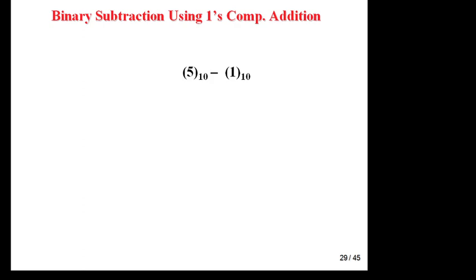First determine 1's complement of b. Now if a is greater than b, determine 1's complement of b and add this to a. If any carry is generated, add that carry to the LSB.